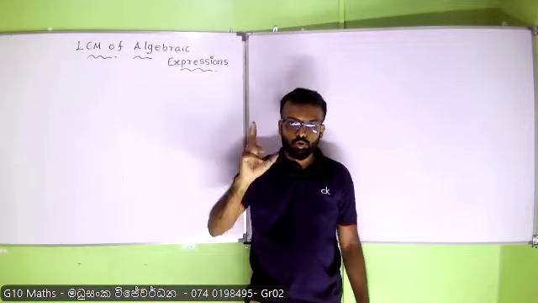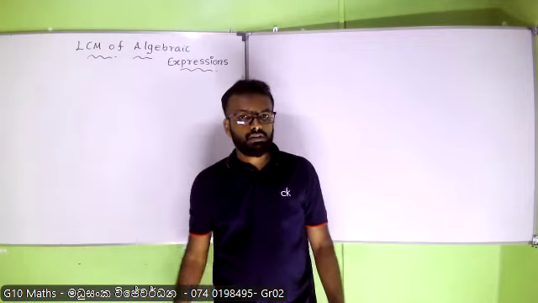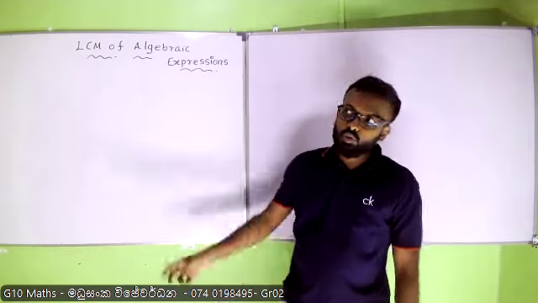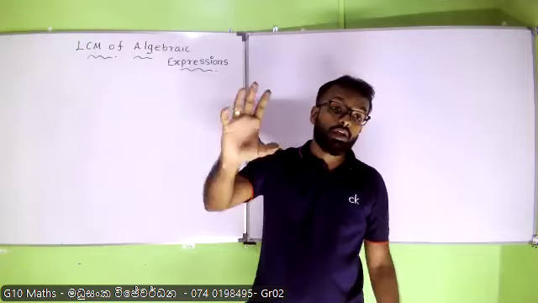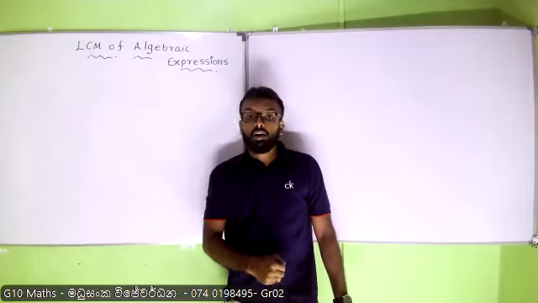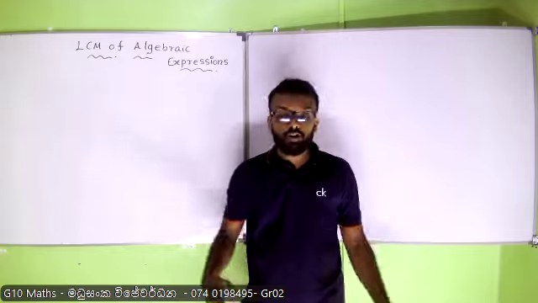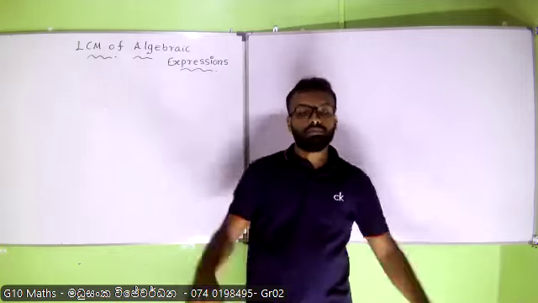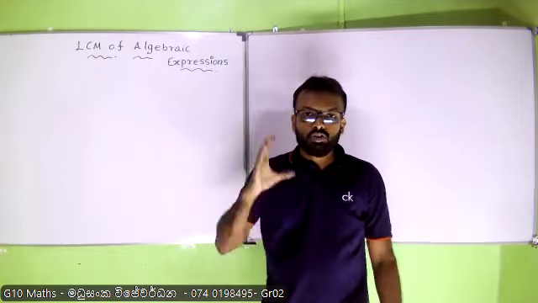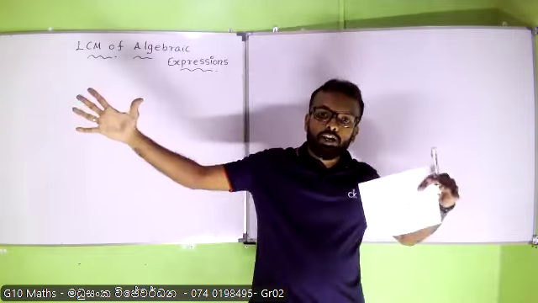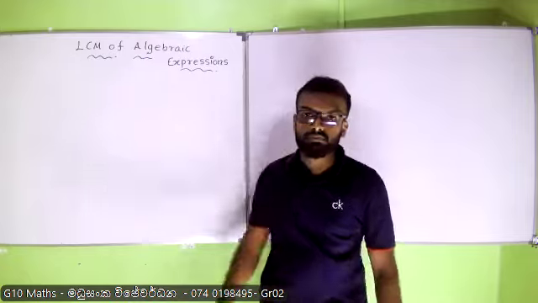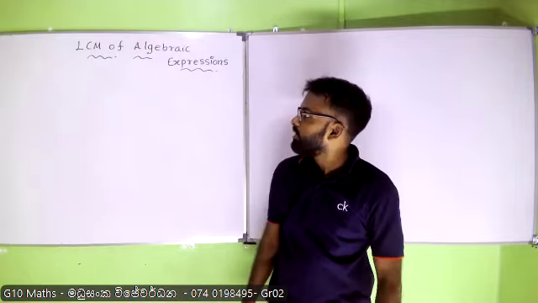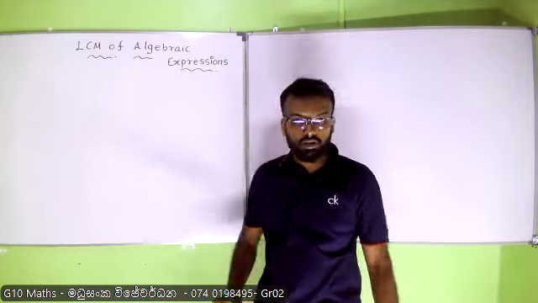You know how to do the factorization, right? You know how to obtain the factors of a quadratic expression, the factors of a difference of two squares, and how to identify the common terms. If you can combine all of them together, you can do this LCM.